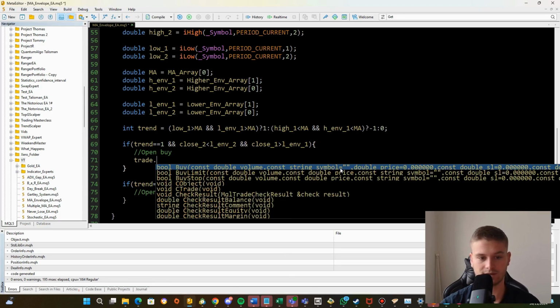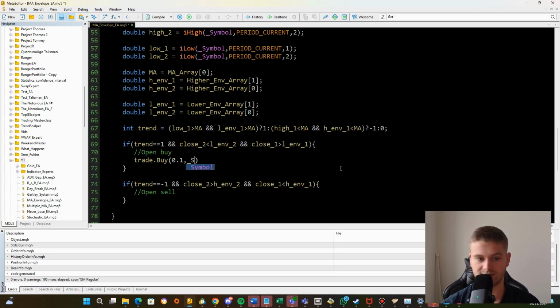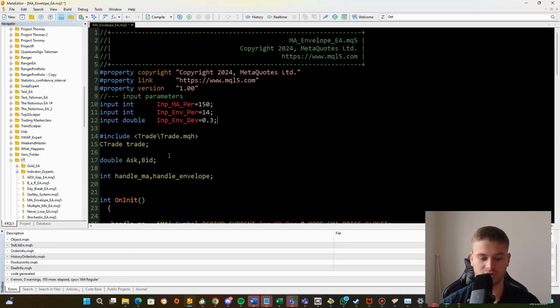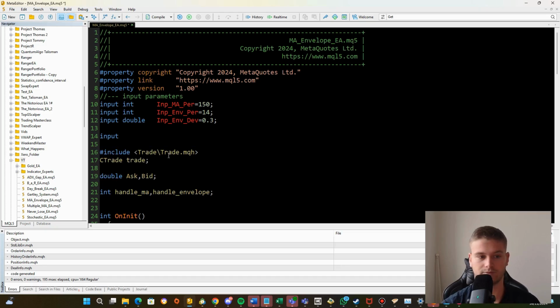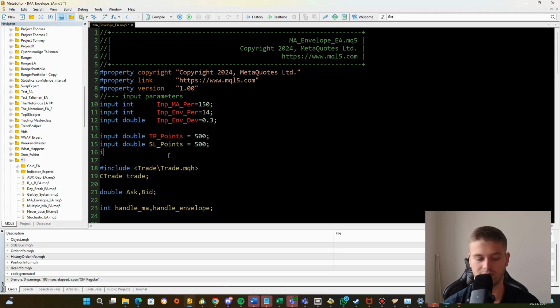So now we can open these positions. So trade, buy, volume, let's not worry about that for now. Symbol, price is ask price, stop loss. I think we should create an input for the take profit and stop loss points, and also for the volume in the input section. So let's do that. So input double take profit points, which will equal to 500, input double stop loss points, which will be equal to 500 as well, and input double volume, which will be equal to 0.1.